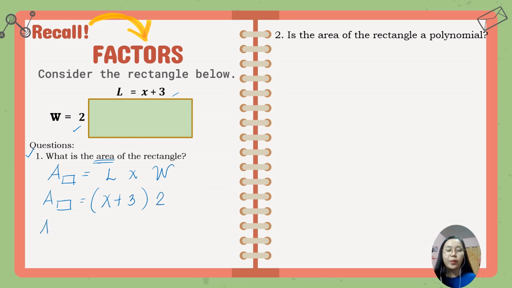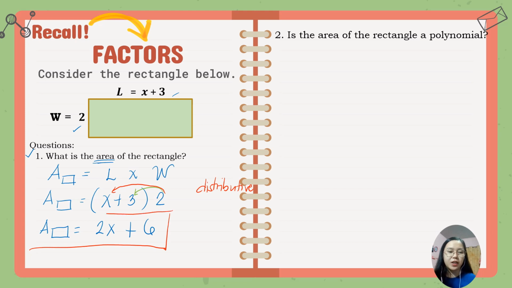Then we will multiply x plus 3 by 2. Of course, we will use the distributive property. 2 multiplied by x and 2 multiplied by 3. 2 times x is 2x. Then 3 times 2 is 6. Therefore, the area of this rectangle is 2x plus 6.